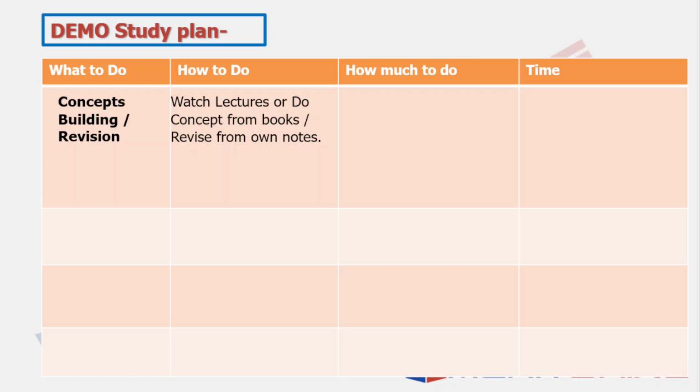Now, why do we say so? Because when you come back to revise, you do not have to watch the whole lecture, and you will not be using that much time in going through all the lectures now. Rather, you should be saving your time. So if you are revising, you should be revising from your own notes, provided you have made your own notes in the first place, which I hope every sincere candidate has done, right? When you revise from your own notes, the time taken would also be less.